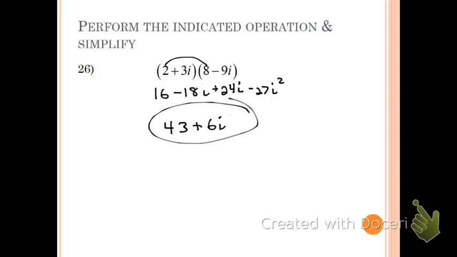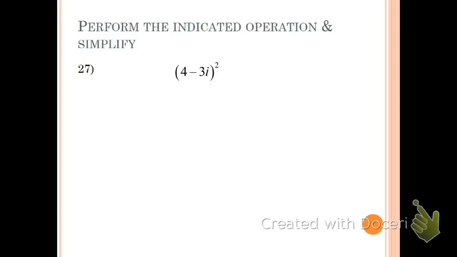Awesome. We're almost there, I promise. We're almost there. All right, here we go. We'll go through a couple of these. So when we say this one's squared, let's see if we can do it quickly, and then we'll move on. What's 4 squared? 16. And then the two middle terms times 2 would be negative 24i.